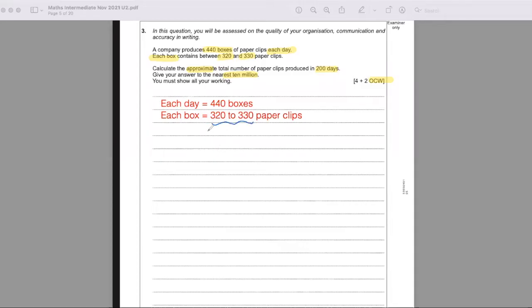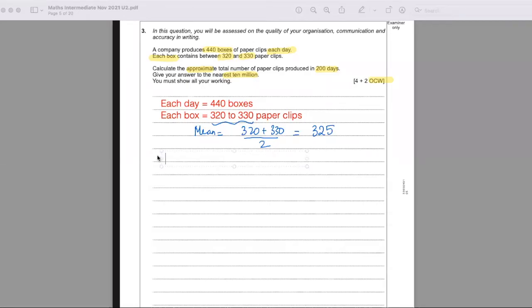I think that kind of represents that number. That's probably the best way to do it. So the mean would be just add them together and divide by 2. And in this case, it's actually the same as the median as well, so 325. Now, you don't have to use 325, as I just mentioned. You can use any number between 320 to 330.